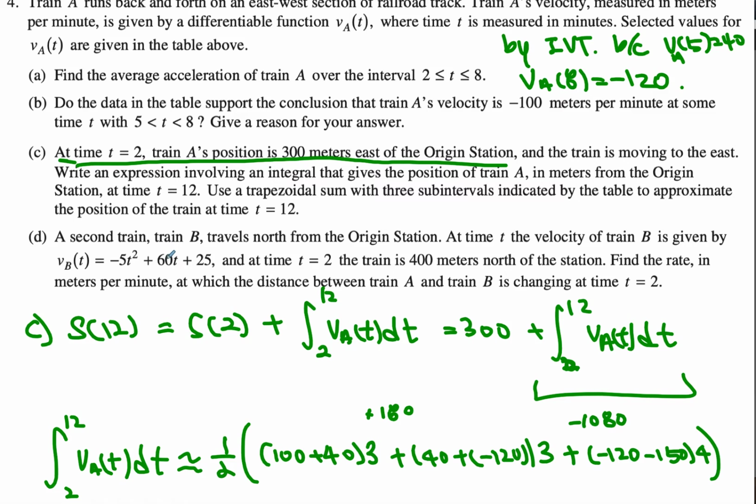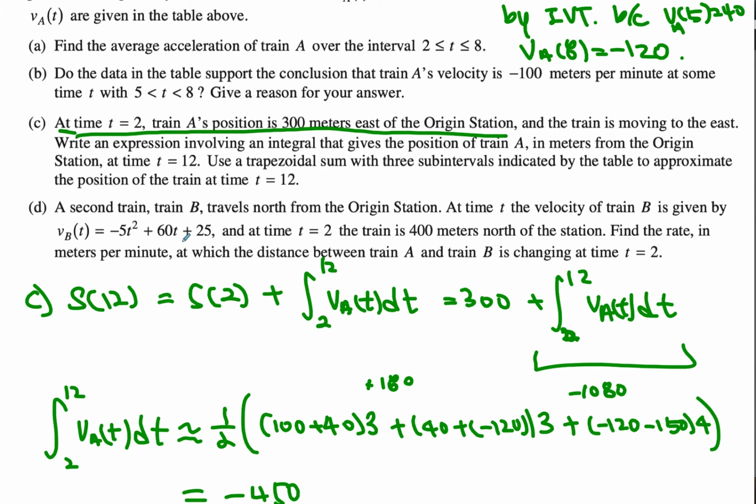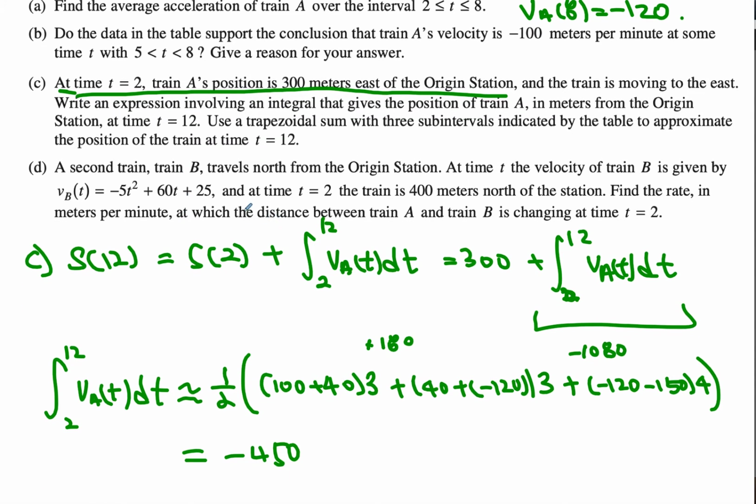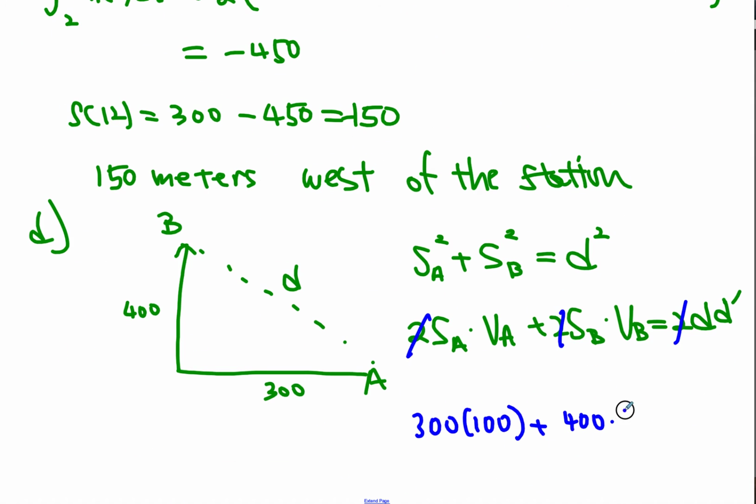Oh, I got mixed up, so it's positive 125, equal to the distance between them, which is 500, times d prime.